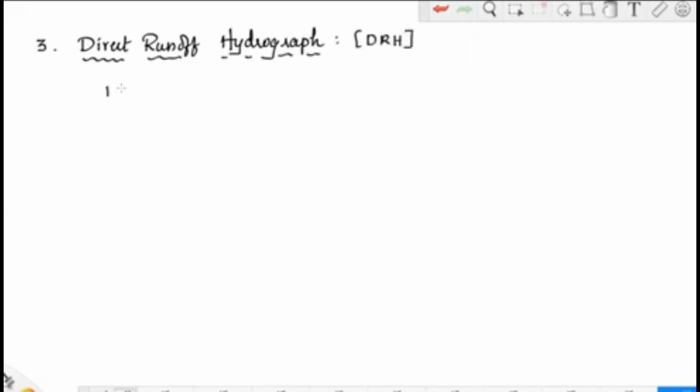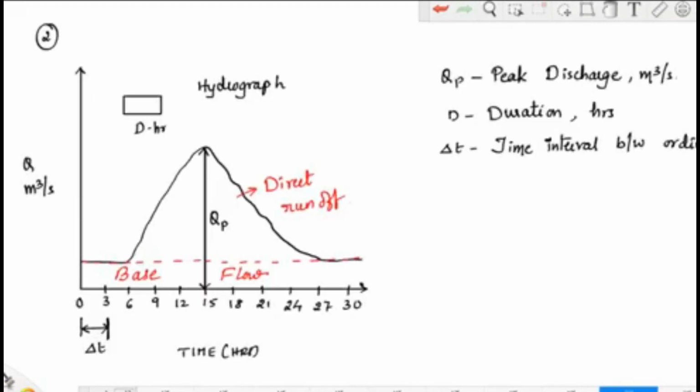So how to obtain DRH? DRH is equal to flood hydrograph minus base flow. So from this hydrograph, let me copy this hydrograph here.